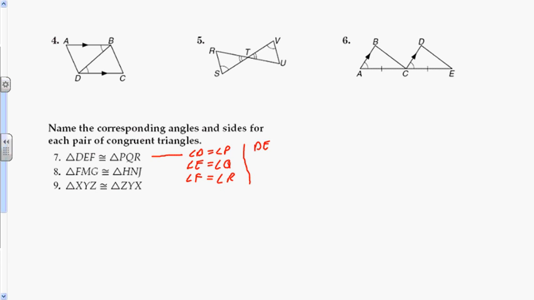DE is equal to PQ, EF equal to QR, and then again DF or FD, your choice, as long as the angles match up. If I say FD, then I have to say RP. And those are the corresponding angles and sides for number 7.